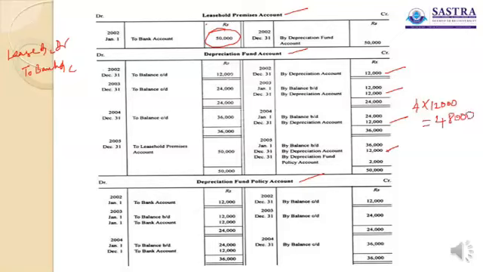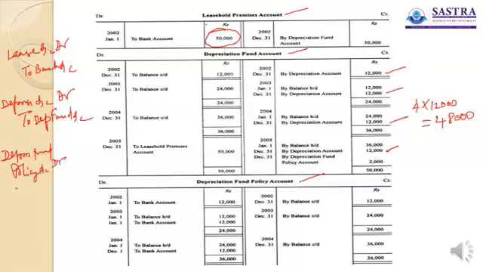What is the entry passed every year for depreciation? Depreciation account, debit, and the depreciation fund account is created, credit. Then the depreciation fund policy account is also created, for which the entry is: depreciation fund policy account, debit, to bank account.